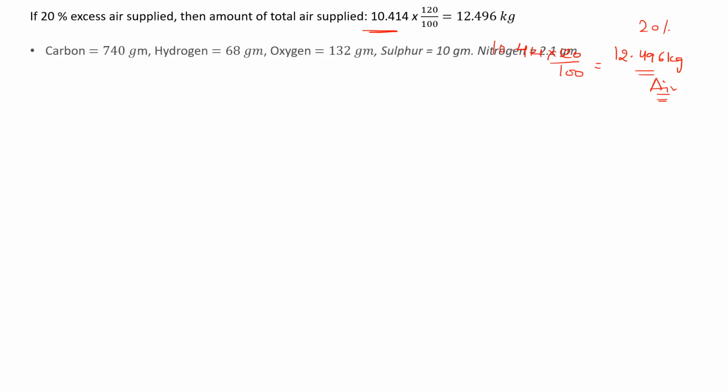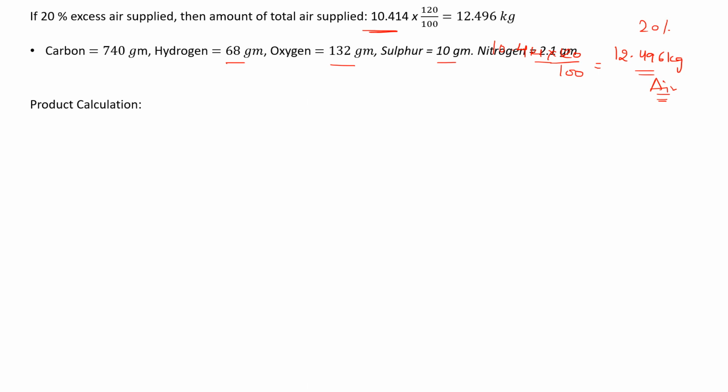Now we have to calculate the dry product weight. These are the components given: carbon 740, hydrogen 68, oxygen 132, sulfur 10, and nitrogen 21 gram. Now the product calculation.